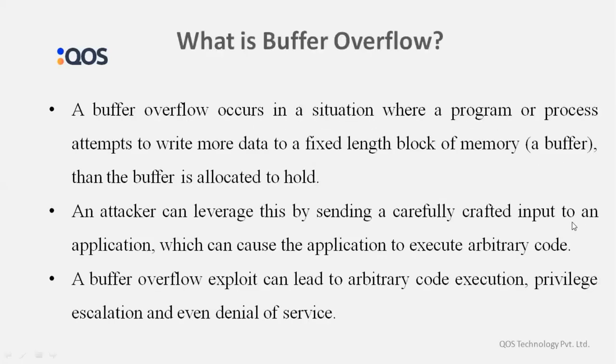So what is a buffer overflow? A buffer overflow occurs when a program or a process, it can be an executable or an application, attempts to write more data to a fixed length block of memory than the memory allocated to it. That's when the buffer overflow happens.